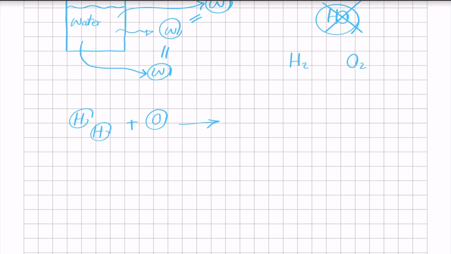And the formula and the reaction that today we have for forming water from hydrogen gas and oxygen is 2 hydrogen molecules plus 1 oxygen molecule gives us 2 water molecules.